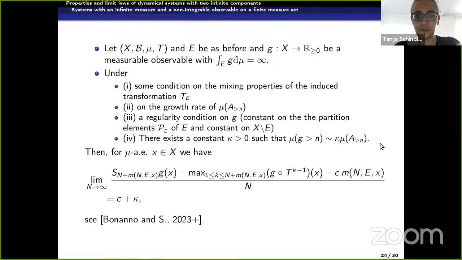And under this condition, we get the following result: if we look at the Birkhoff sum, and now we add additionally these many terms, the ones we had before in our second setting, but then we again remove the maximal entries, and we remove some constant times this number m, the constant which is attained on this set without E, then this converges almost surely to some constant.